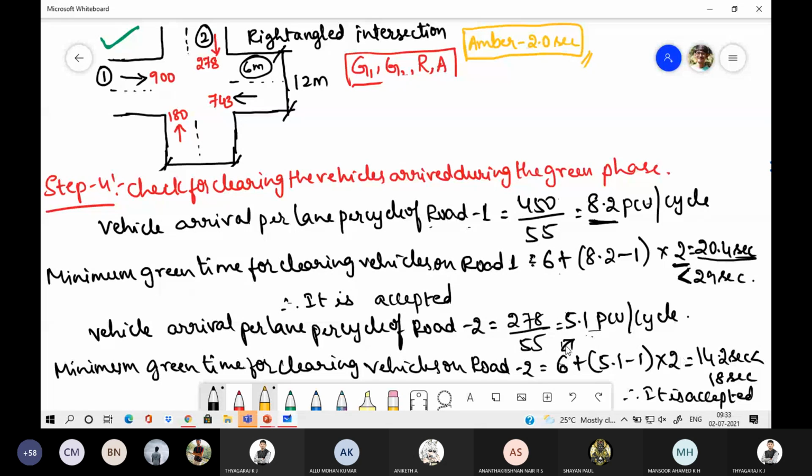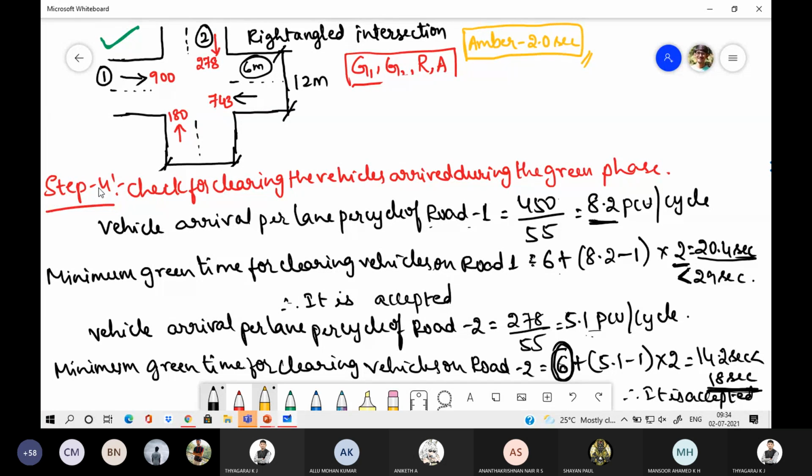This 6 is constant. For all the problems you assume 6 as constant. So we will get 14.2, which is less than the green time of road 2. Hence it is accepted. Is it clear? Yes, sir. Okay.